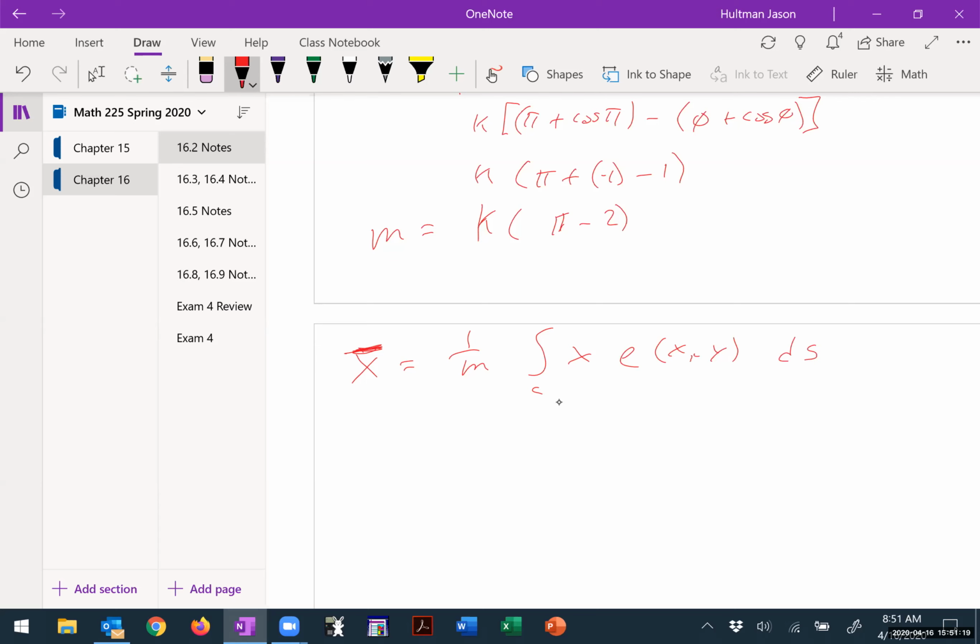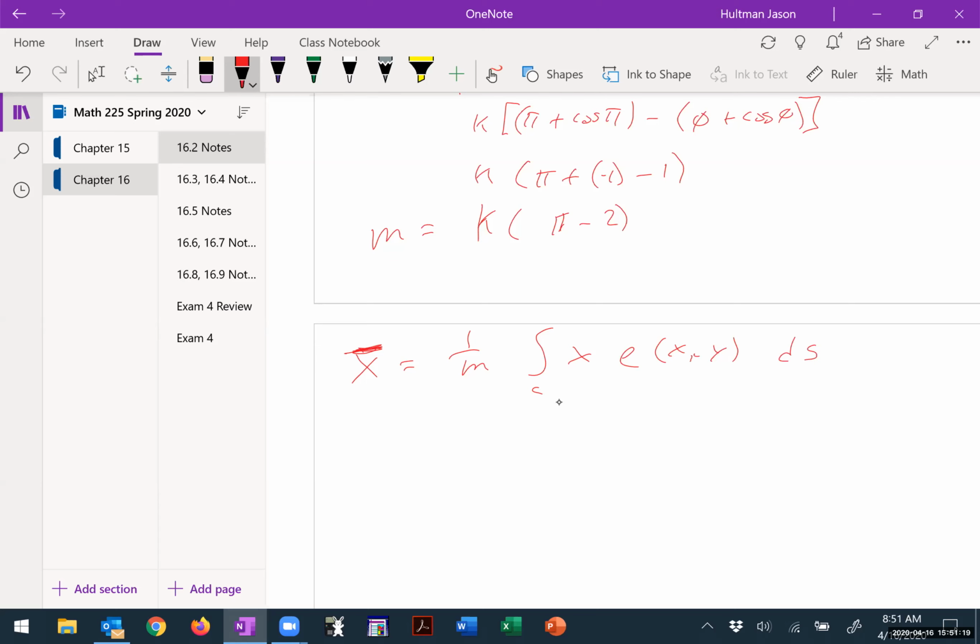Or it could be dV if we're doing it over a volume. We could do a triple integral with respect to the density for a volume. But in this case, we're just going to do a single integral using our line integral formula. And we have this 1 over m.